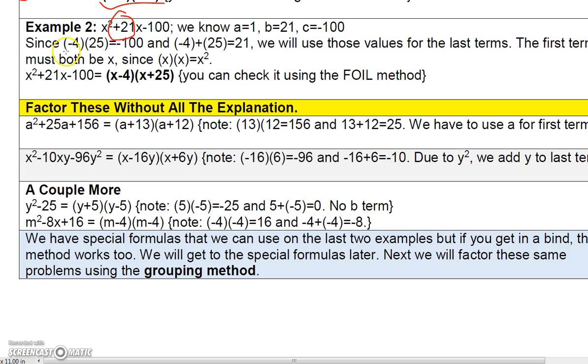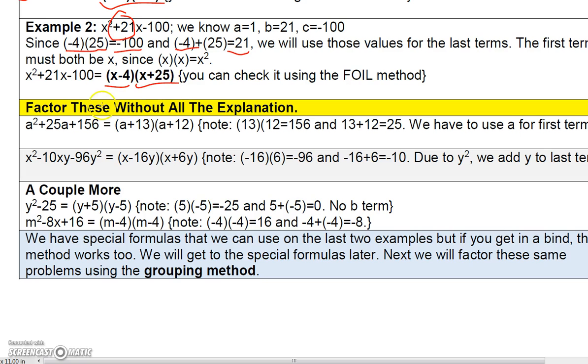Okay, so if you look long and hard, you'll find that negative 4 times 25 equals negative 100, and negative 4 plus 25 is 21. So therefore, I can factor this as x minus 4 and x plus 25.